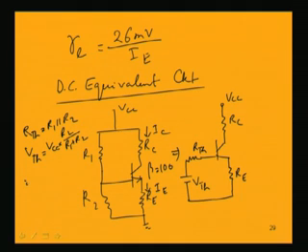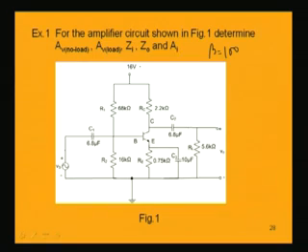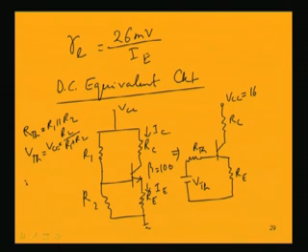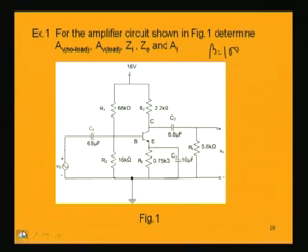So putting these values here, VCC is given as 16 volt. So V Thevenin is 16 into all these values you just replace. R2 is equal to 16 kilo ohm, R1 is 68.